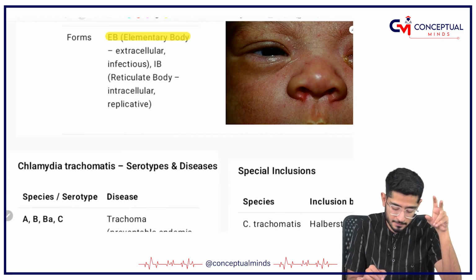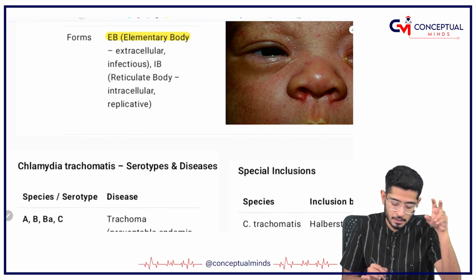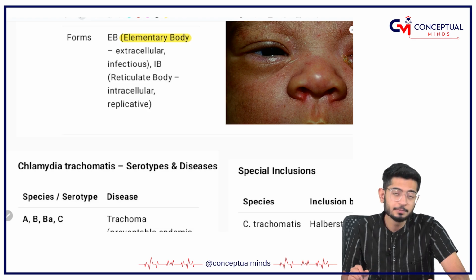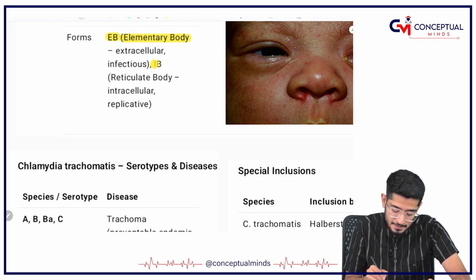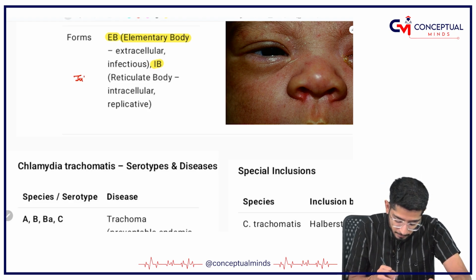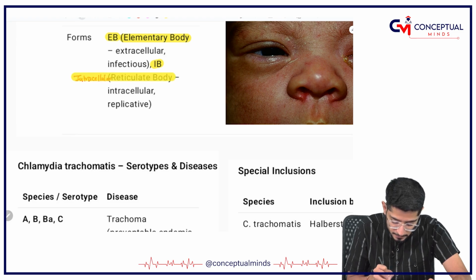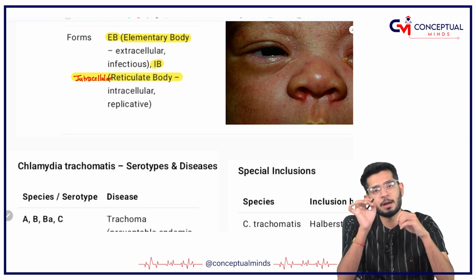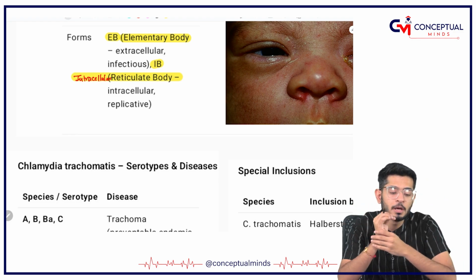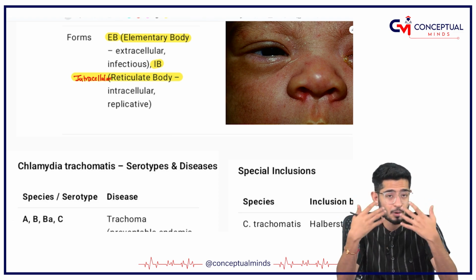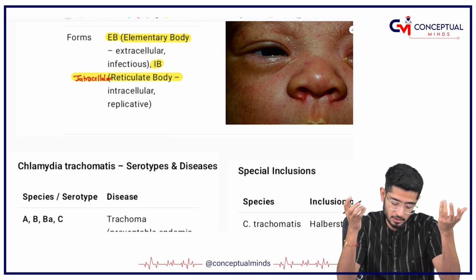So, two forms. Chlamydia has got two forms. One is the elementary body, that is the EB, and next is the IB. IB is called intracellular reticulate bodies. So remember the EB form and the IB form. The EB form is extracellular, outside the cell, and it is more infectious.